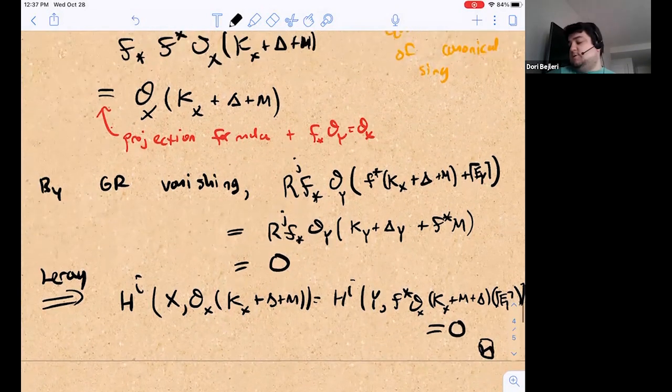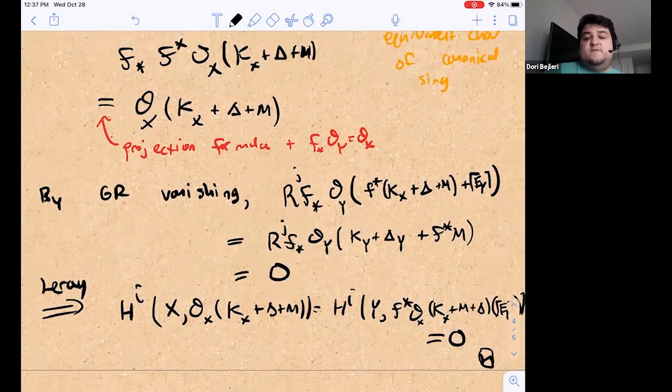Okay, so that gives us Kawamata-Viehweg vanishing in the KLT case. Any questions?